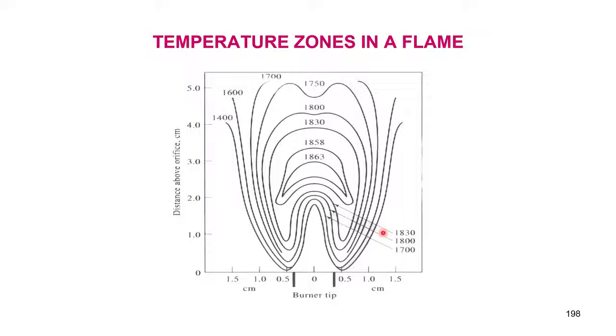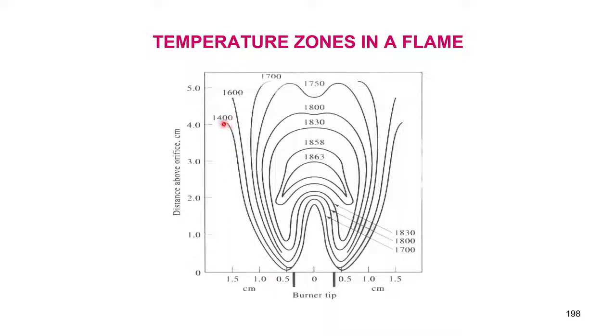I am pointing it out to you here, and corresponding to that is about 1800, 1830, 1700, around 0.5 centimeter away from the flame orifice. You go up still, what do you get? Around 1863, still up 1858, 1830, 1800, and then 1750. So, along this line maximum temperature is obtained, and on the sides you will get 1700, 1600, 1400, about 1.5 centimeter away from the tip.